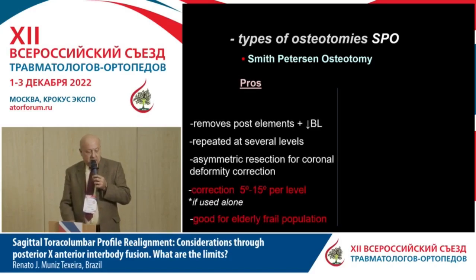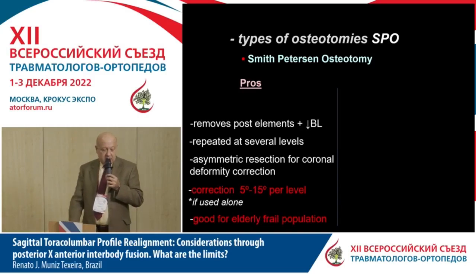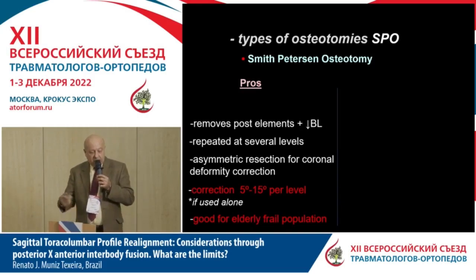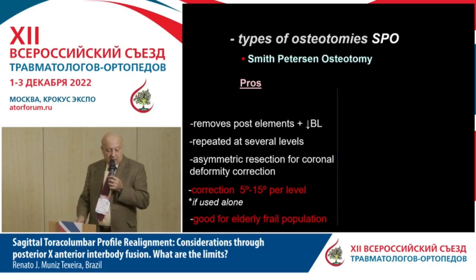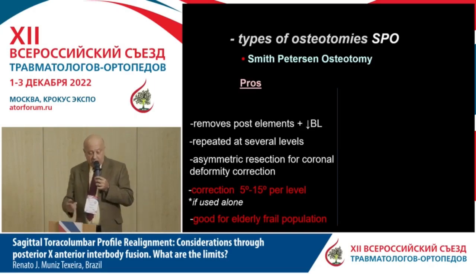Pros: removes posterior elements, can be repeated at several levels, asymmetrical resection for coronal deformity correction, 5 to 15 degrees of correction per level if you use it alone, of course. It's good for elderly and frail populations.